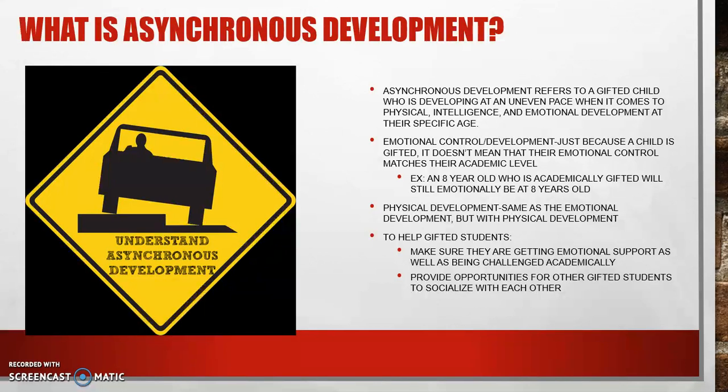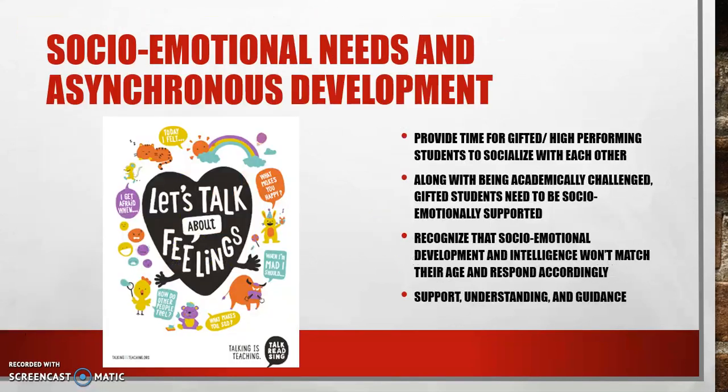Make sure they're getting emotional support as well as being challenged academically, and also provide opportunities for other gifted students to socialize with each other. So, socio-emotional needs and asynchronous development.